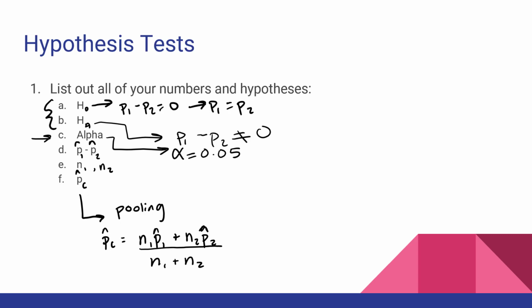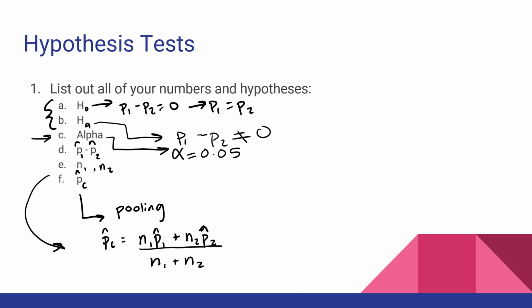Then we also need to list out our p hat 1 minus p hat 2, and then individually what is p hat 1 and p hat 2. Then we also give our n1, n2, and then we have to give a special number called our p hat c, or p hat combined. And this is an example of pooling, where we combine our p hat 1 and p hat 2 in a sort of weighted manner.